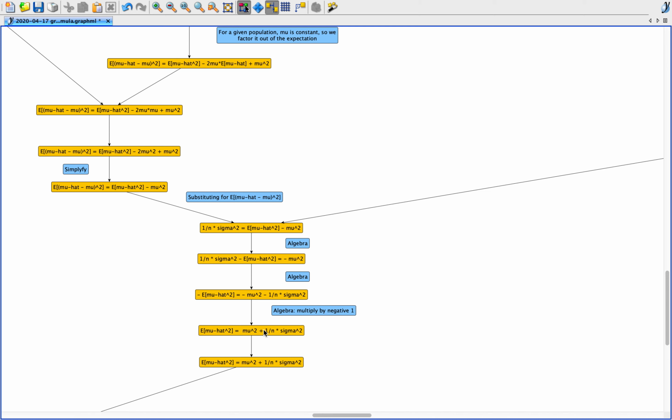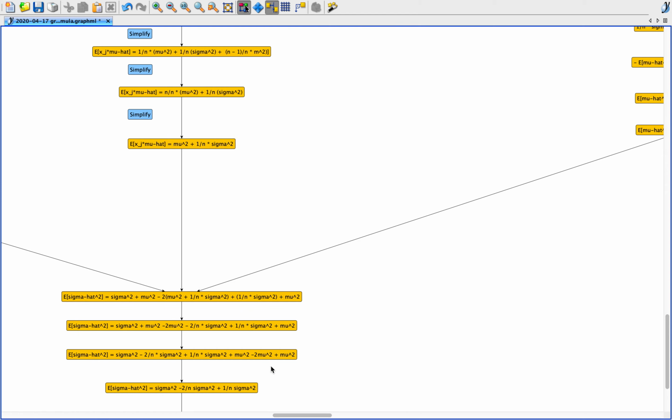And then we multiply by negative 1 so that all the negatives balance out. Everything's nice and positive, and we end up with the expected value of mu hat squared equal to mu squared plus 1 over n sigma squared. So amazing.